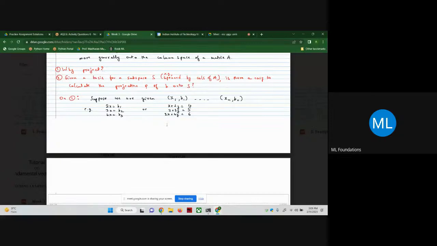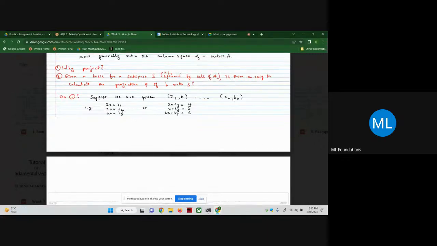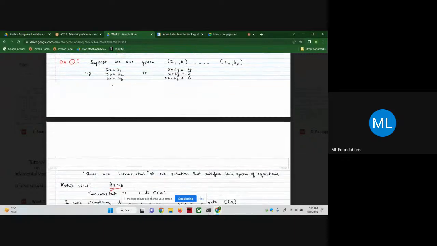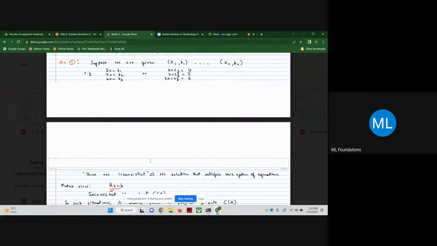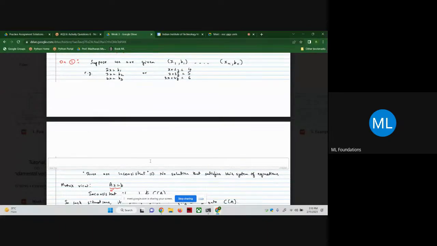In this particular case, suppose we were given x equals b1, 2x equals b2, 3x equals b3, 4x equals b4. Sometimes we will not get exact solutions.